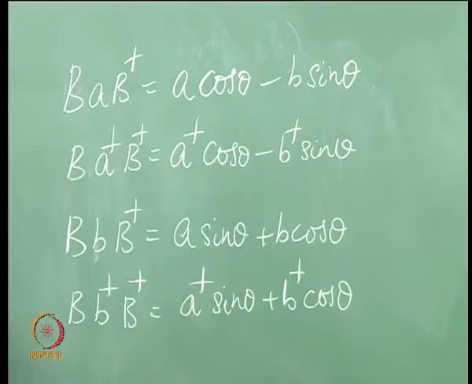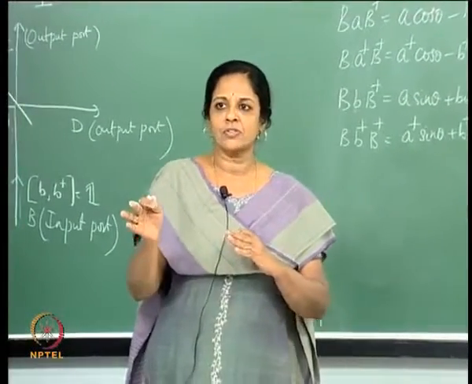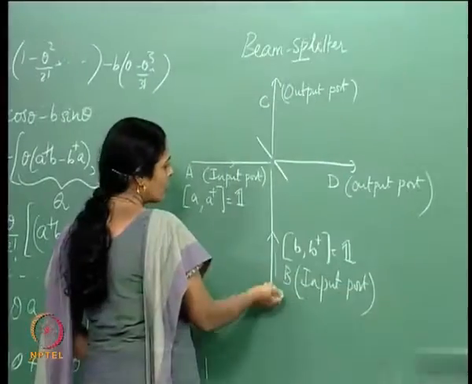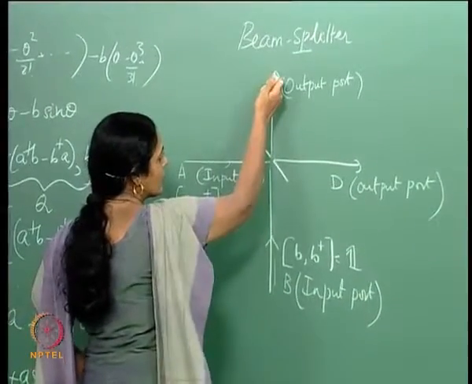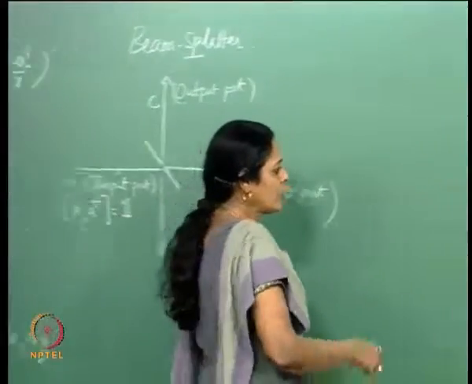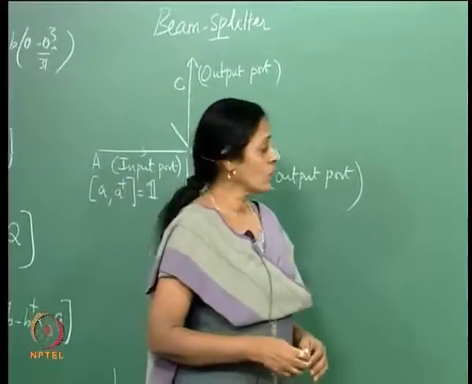Now, a 50% beam splitter is one which transmits 50% of the intensity of the light. Of course, if it comes from this port, it transmits 50% this way and reflects 50% that way. And therefore, for a 50% beam splitter, cos theta is 1 by root 2, and so is sin theta.